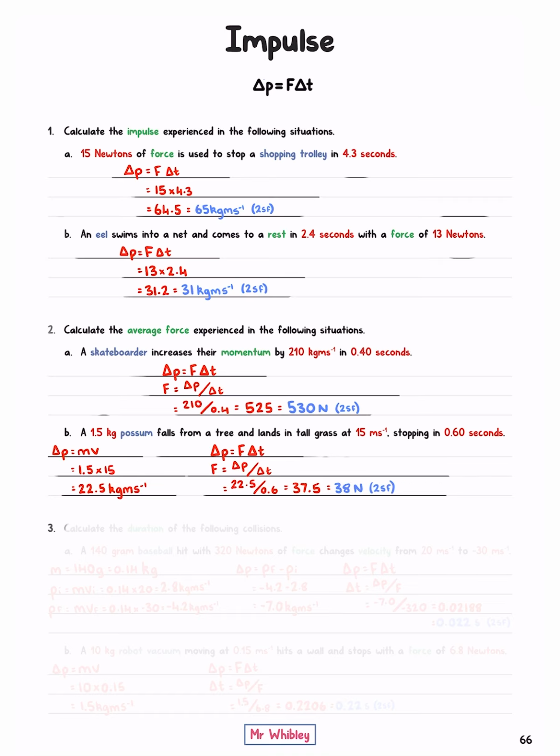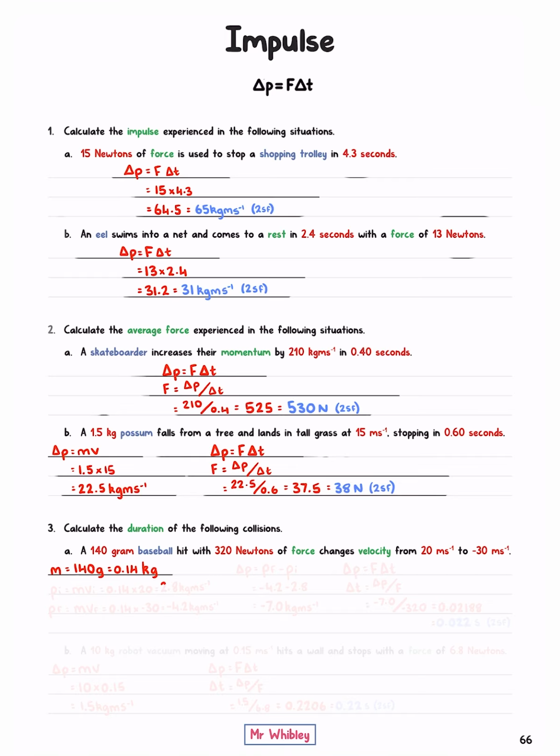Question 3. Calculate the duration of the following collisions. A 140 gram baseball, hit with 320 newtons of force, changes velocity from 20 meters per second to negative 30 meters per second. We know that our mass of 140 grams, if we divide it by 1,000, gives us 0.14 kilograms.